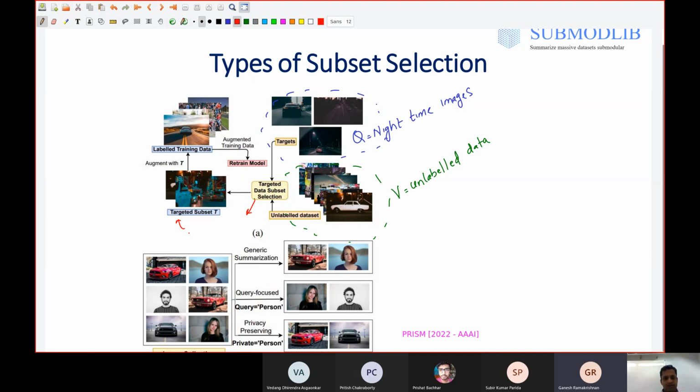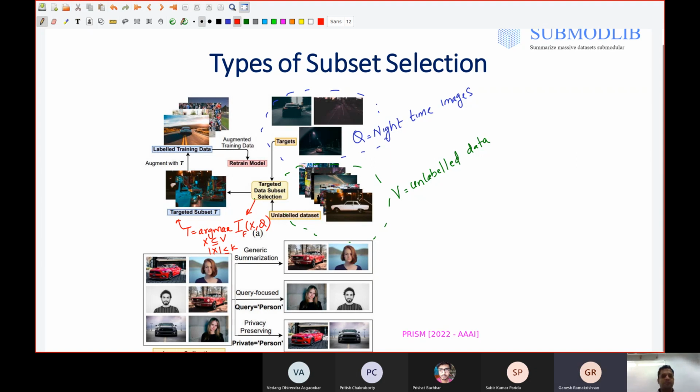My T is argmax over X subset of V, and if you want to put a cardinality constraint, if you're monotone especially, you must, of some information function IF of T, or X, comma, Q.